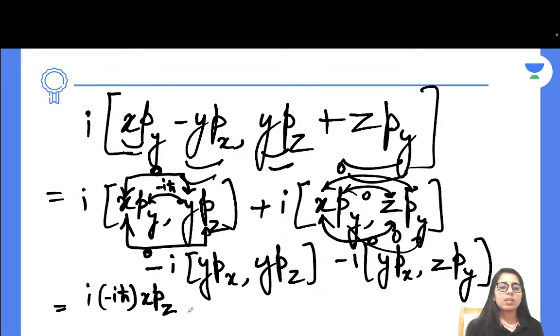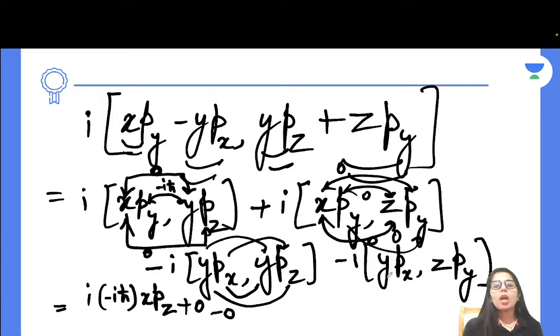So we are not getting anything from here, so plus 0. Okay, and now next thing, y with y 0, y with pz 0, px with y 0, px with pz 0, nothing, 0. Okay, y with z 0, y with py, we will have iota h cut. Only this gives us a non-zero value, so iota h cut.